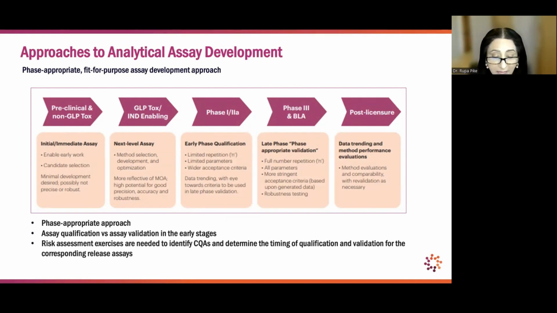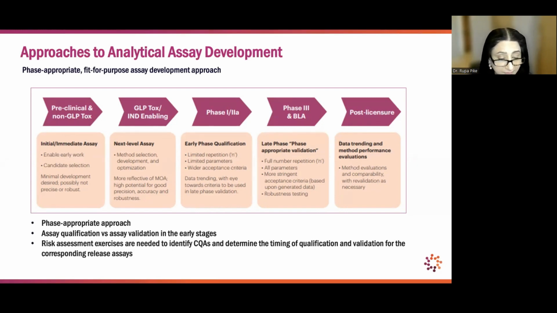If you look at the boxes underneath, it states that phase qualification includes limited repetition using the power of n, limited parameters, and wider acceptance criteria. Late phase or phase appropriate validation includes full number repetition using the strength of numbers, all parameters for the assay, a more stringent acceptance criteria based on data that has already been generated, and robustness of testing.